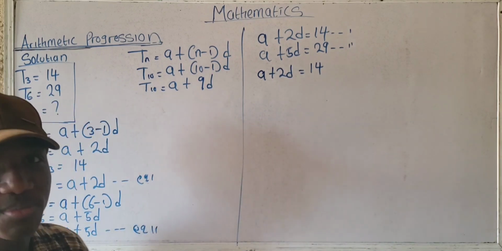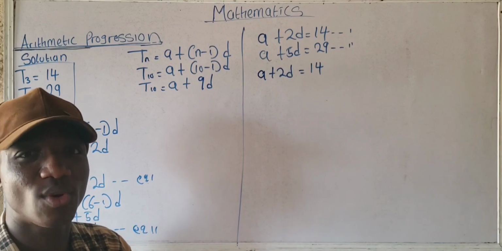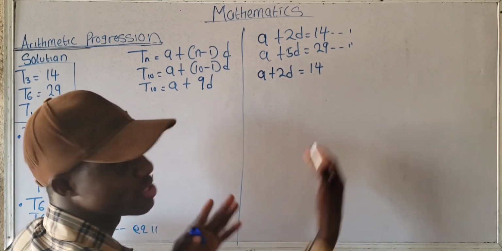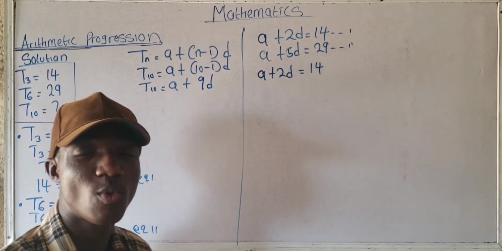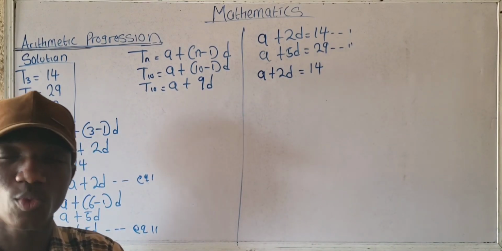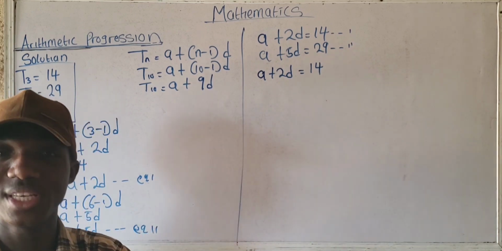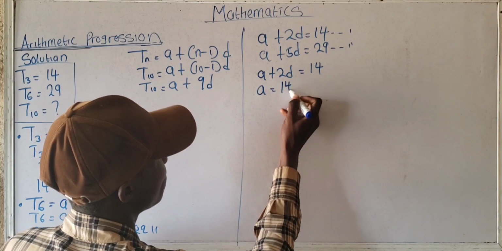To make A the subject of the relation, I'm going to take this plus 2D to the right hand side of the equation. The right hand side only contains 14, and the left hand side contains A plus 2D. Because I want A to stand alone, I'm going to take this plus 2D to the other side. So it becomes A equals 14 minus 2D.